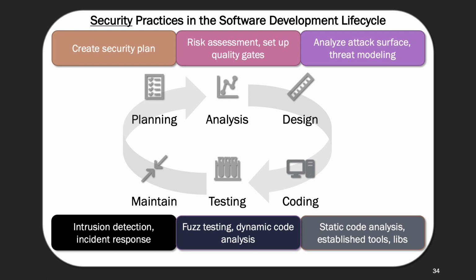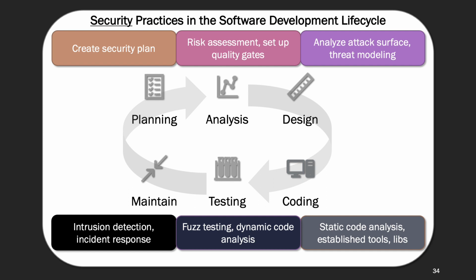During the design phase, the attack surface is analyzed, and people use threat modeling as a technique to think as attackers think and to try to find what kind of attacks are possible and how to mitigate them. Later on, when the programs are actually developed, one can use static code analysis and established tools and libraries to detect certain vulnerabilities in the code.